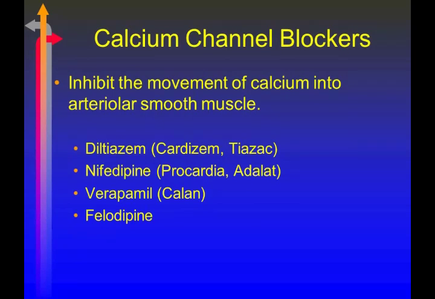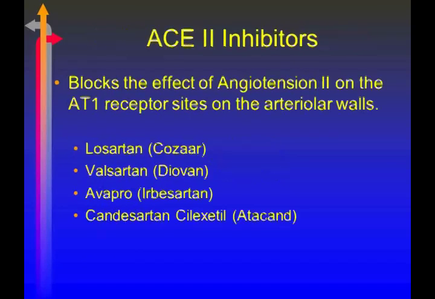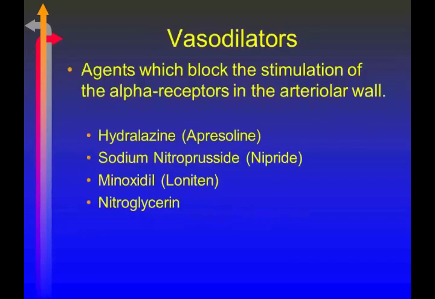And they also have some effect on heart rate, as we'll end up seeing in some of these tachydysrhythmias. ARBs block the effect of angiotensin II on the receptor sites of the arterioles, and these are often used as long-term management of blood pressures.